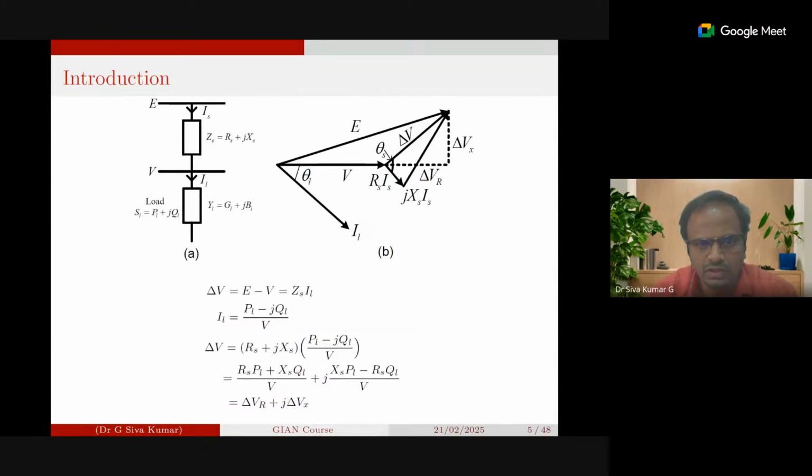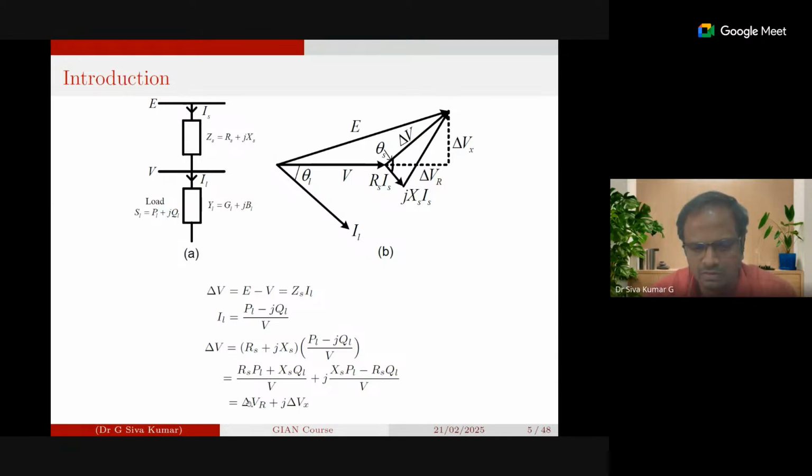With this slide, I want to highlight that when the load is carrying average power as well as reactive power, your terminal voltage V is going to be affected because of the drop across the source impedance.